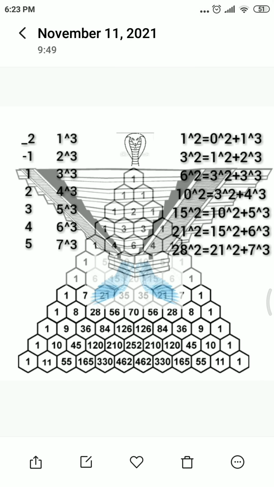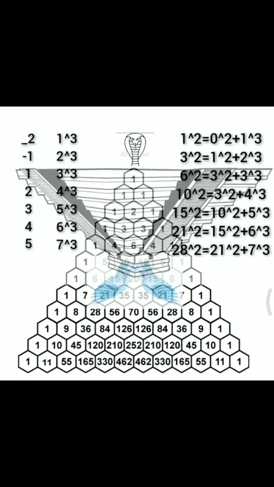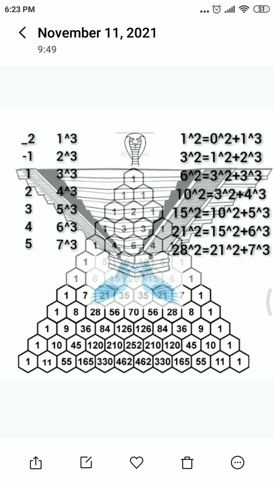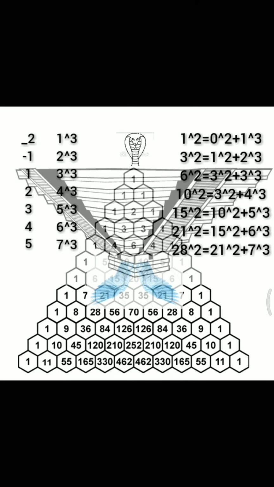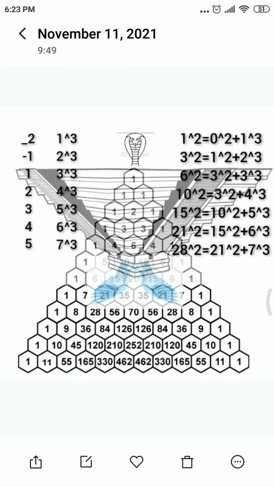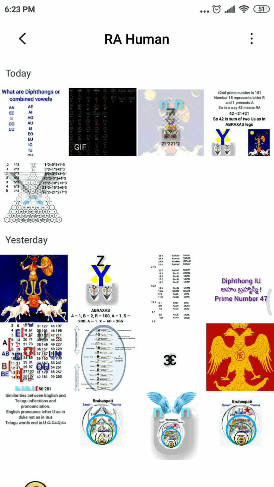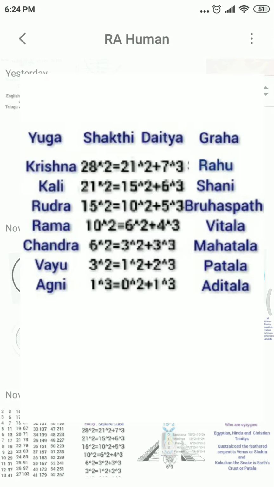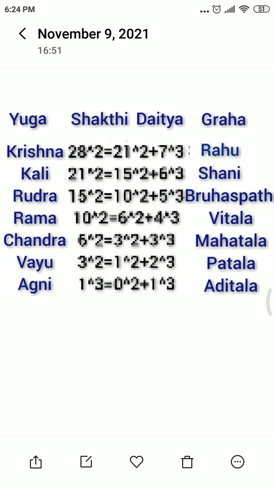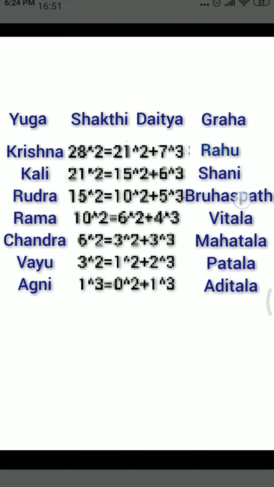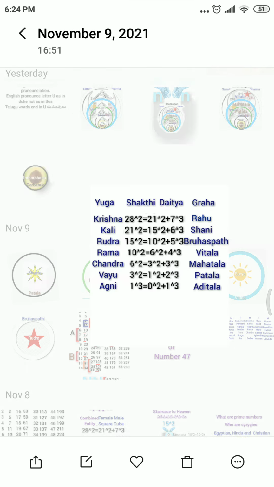So what I mean is, this is Garbhatala, Patala, Mahatala, Vitala, and then you have Brihaspati, this is Rahu, and of course this is... let me check because I don't remember how I named them right now. So basically the first one is Garbhatala, next is Patala, next is Mahatala, Vitala, Brihaspati, Shani and Rahu. Yeah, that was Shani.